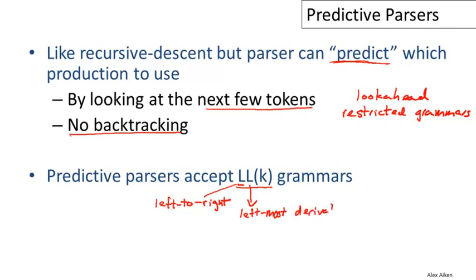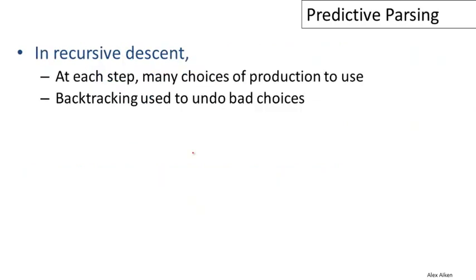That means we're always working on the leftmost non-terminal in the parse tree. And k here stands for k tokens of look ahead. While the theory is developed for arbitrary k, in practice k is always equal to 1. And so in fact, we'll only discuss the case k equals 1 in these videos.